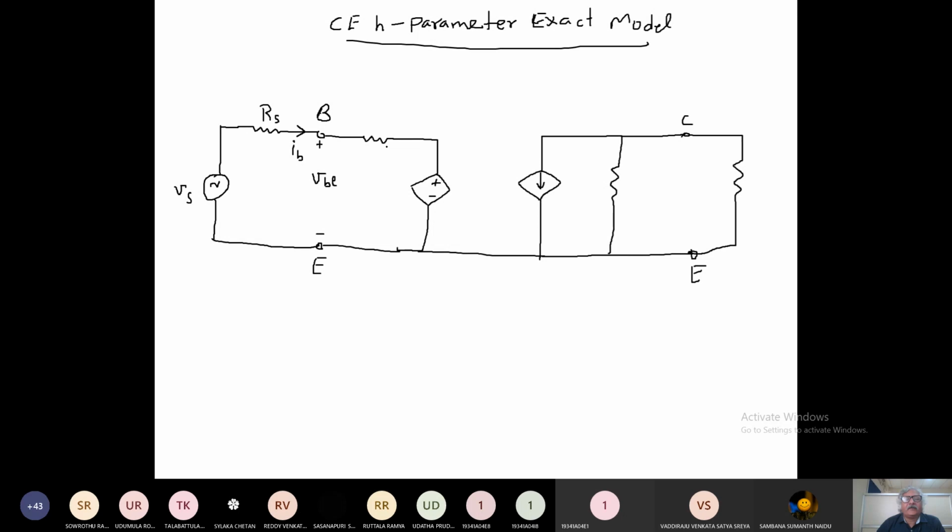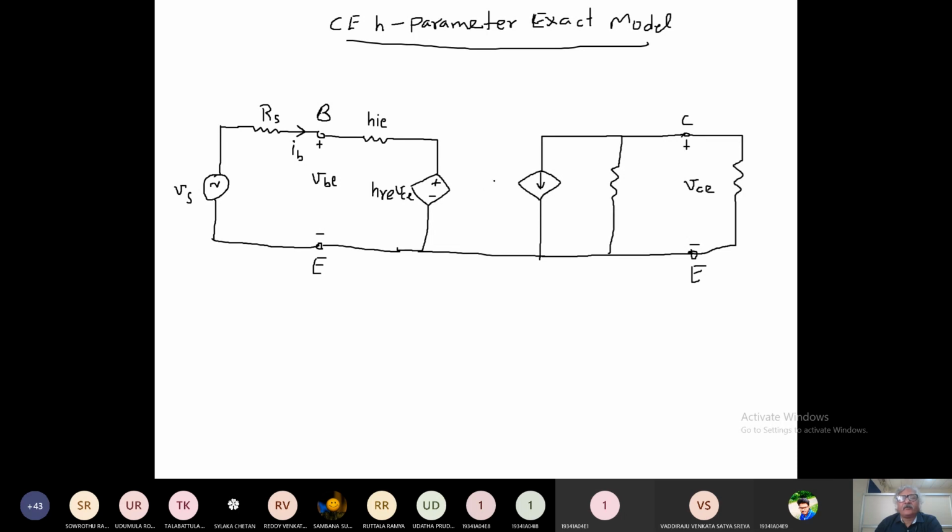This resistance is HIE, and this dependent voltage source is HRE multiplied by VCE.